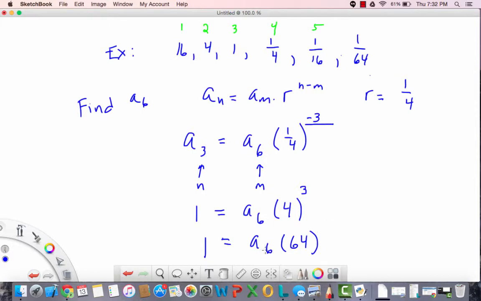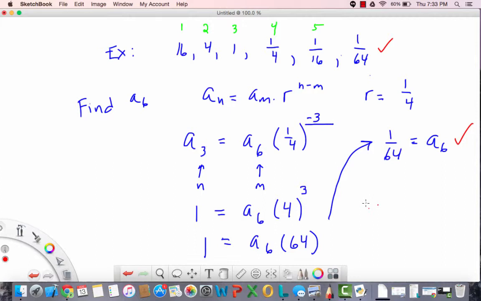And then we're going to divide both sides by 64. So we have 1 over 64 equals a sub 6. And that is the same answer as that, which shouldn't be a surprise. If it is a surprise, then you've lost complete faith in me.